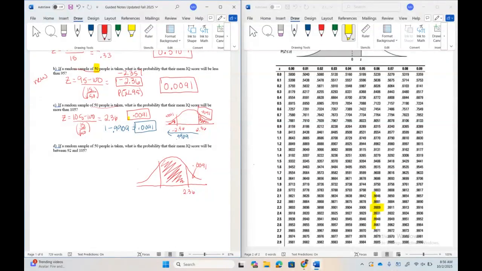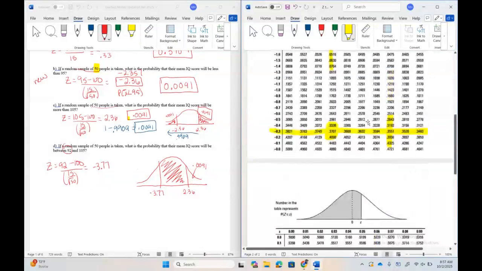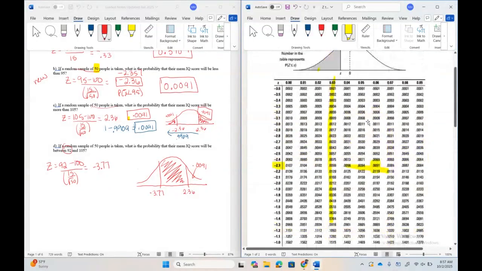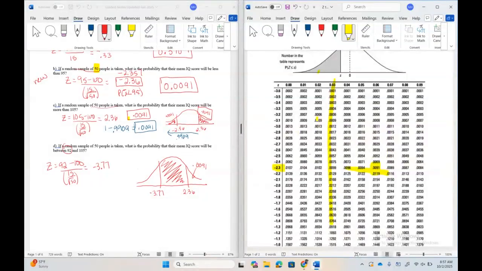I need a Z-score when we have 92. So let's do that first. 92 minus 100. This Z-score is a negative 3.77. Now when I look at my table, negative 3.77 is not on there.